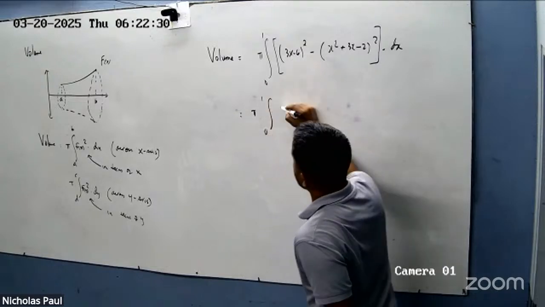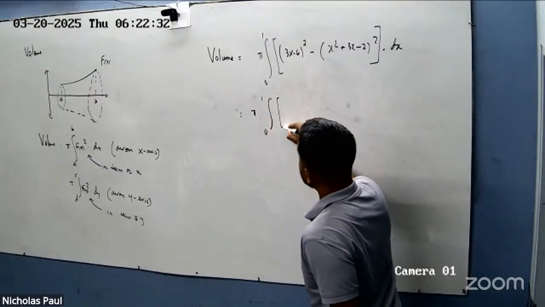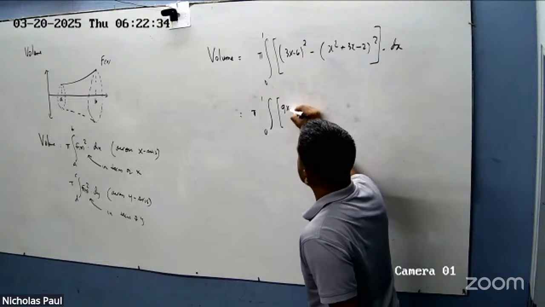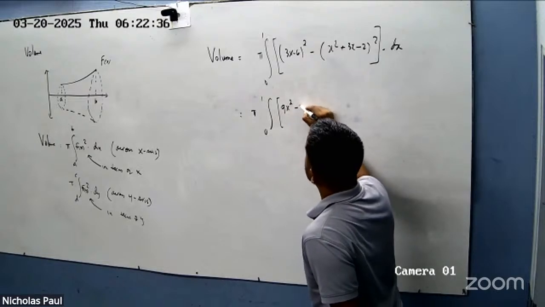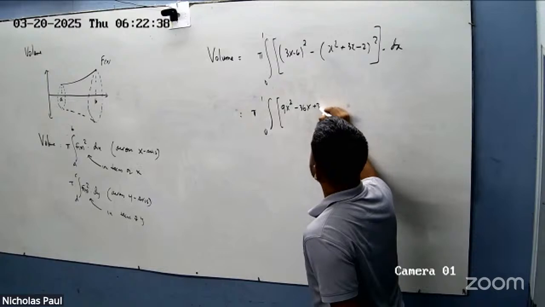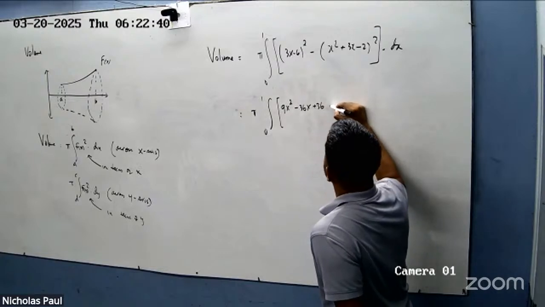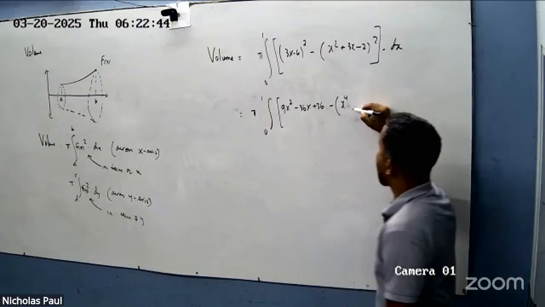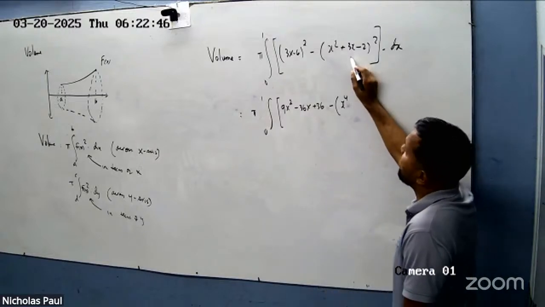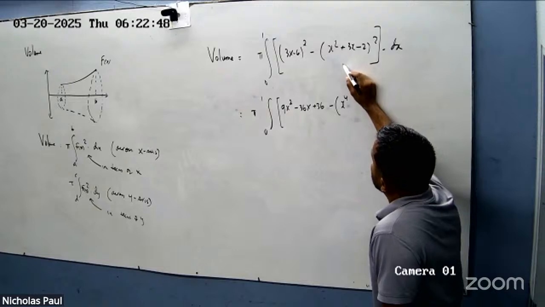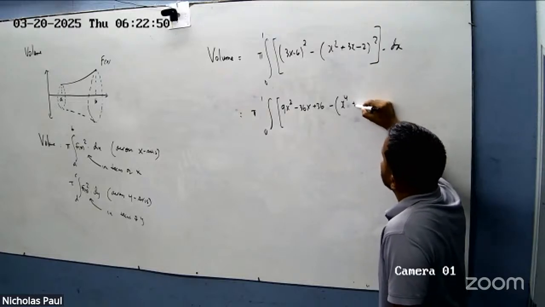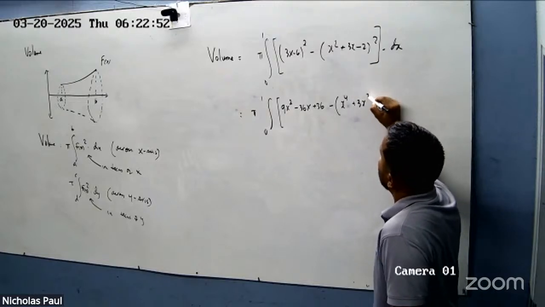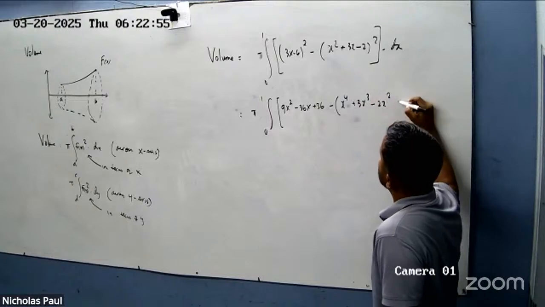So when you square this, I take your time, when you expand this, right? It'll be x squared plus 3x cubed minus 2x squared.